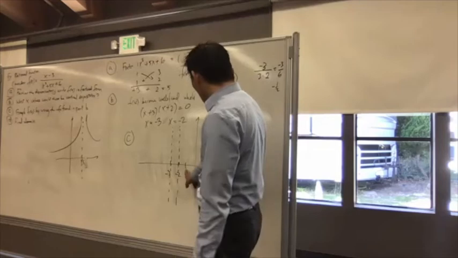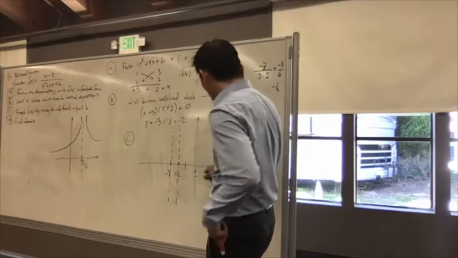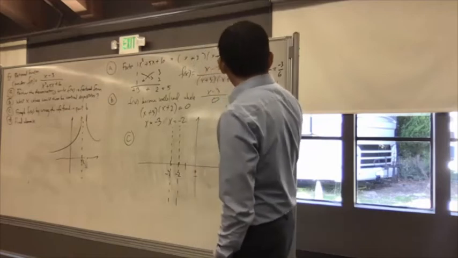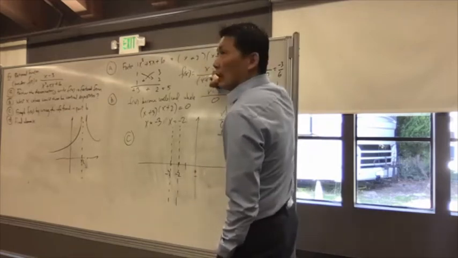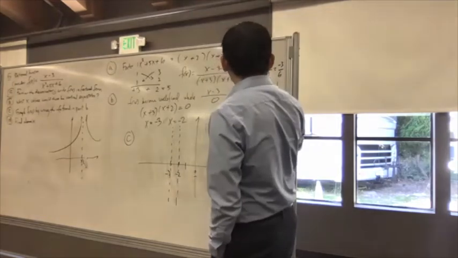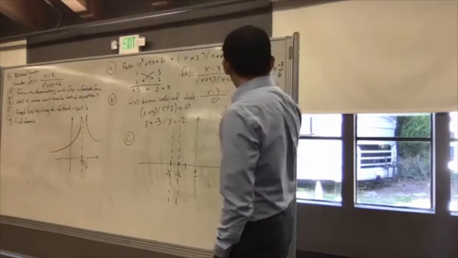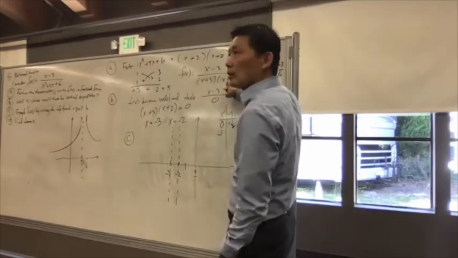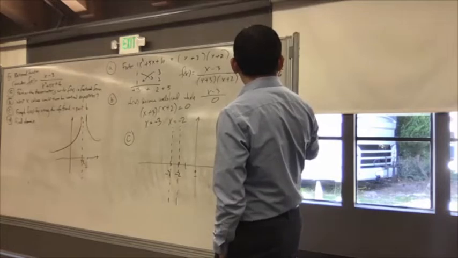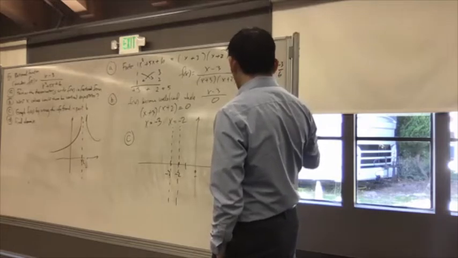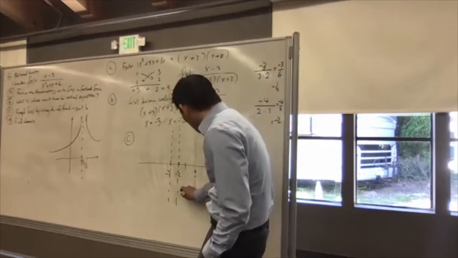In this case, maybe I can do negative 1 here. Negative 1 hasn't been touched, so x equals negative 1. Negative 1 minus 3 is negative 4, and negative 1 plus 3 is 2, negative 1 plus 2 is 1, so this is negative 4 over 2, which is negative 2.